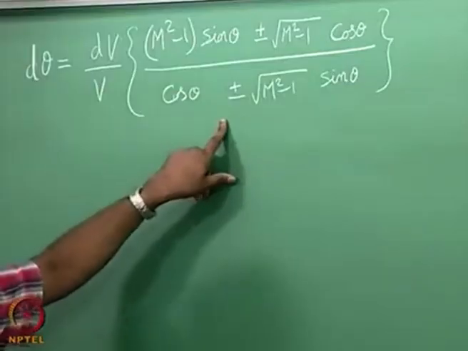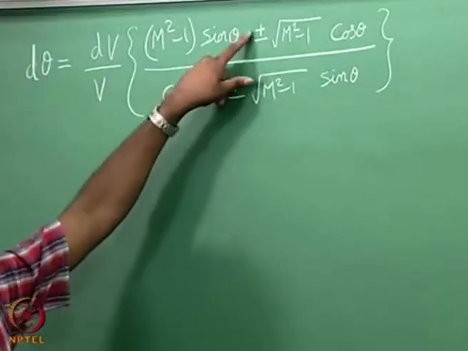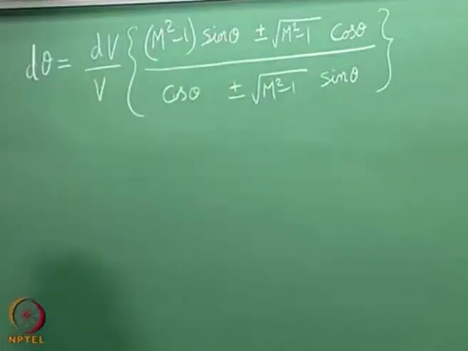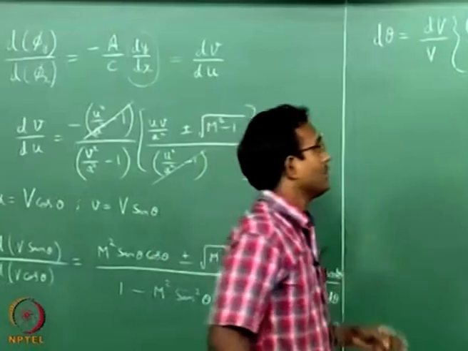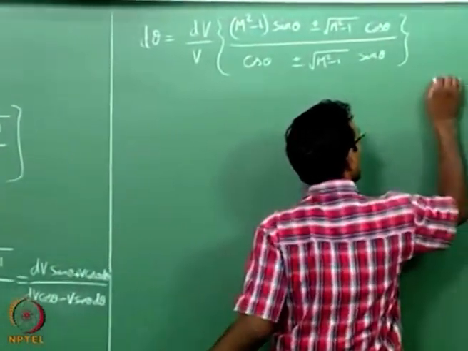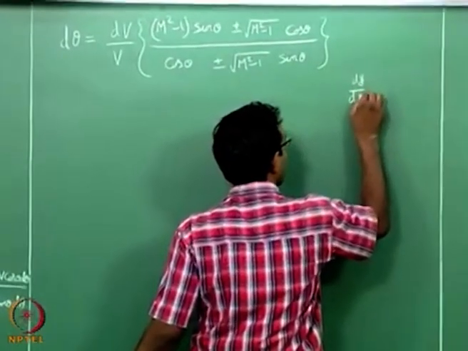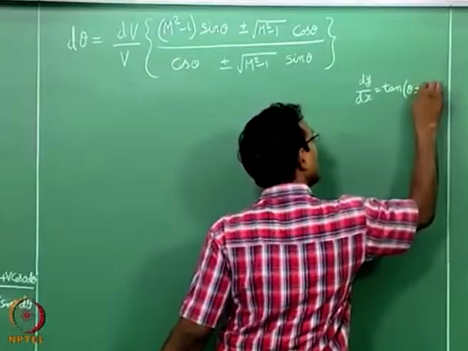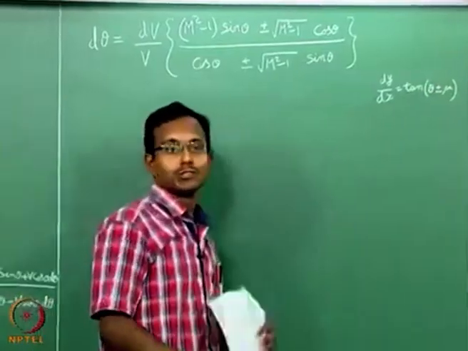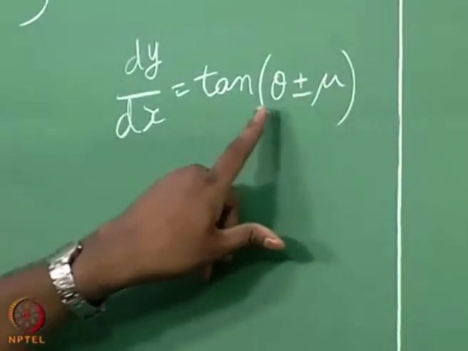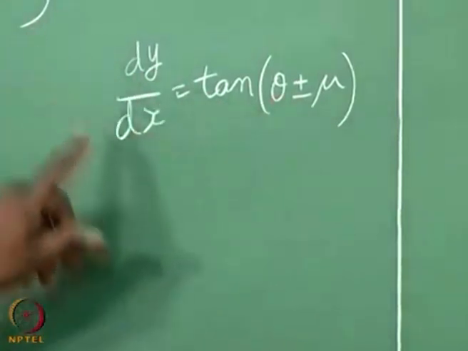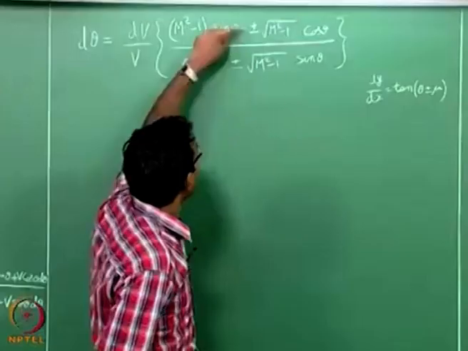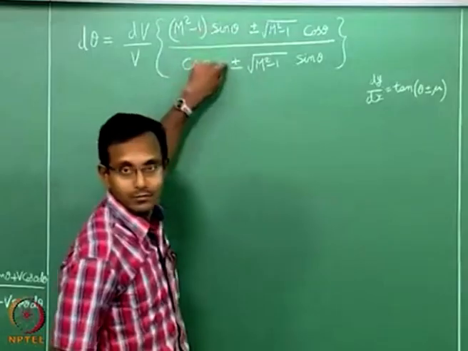Now this actually means that when I have one particular solution dy by dx, there were two solutions. I will write both the solutions together. We had these two solutions. If it is dy by dx equal to theta plus mu, then I have to use the plus here and the plus here.